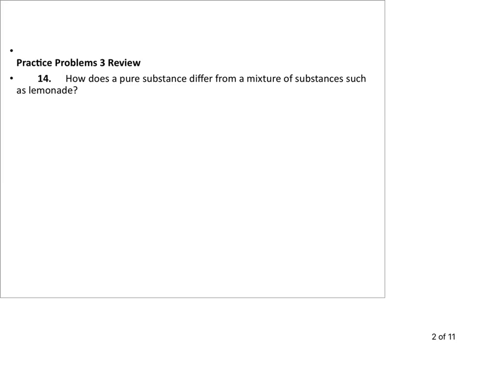How does a pure substance differ from a mixture of substances such as lemonade? There are a number of different things you could have put here, but the key idea is that a pure substance has a composition that does not vary.